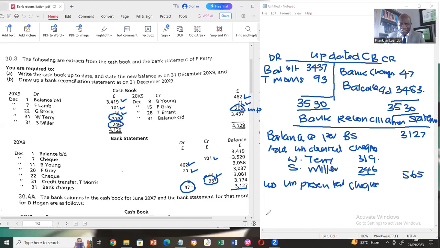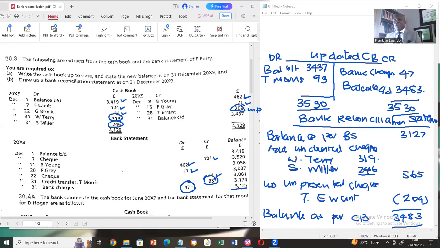And this one is T Errant, 209. And we have there 3483. That is balance as per cash book. So whichever way you want to balance, it will still reconcile.